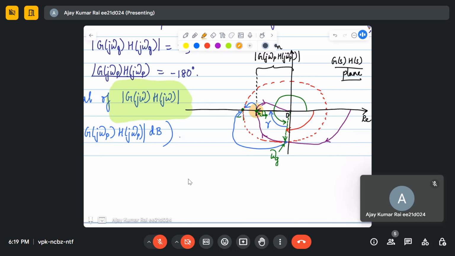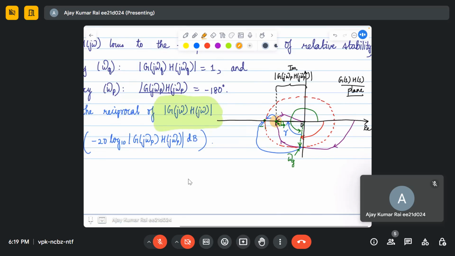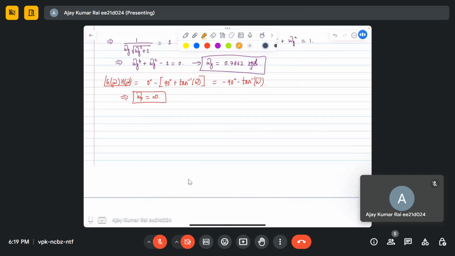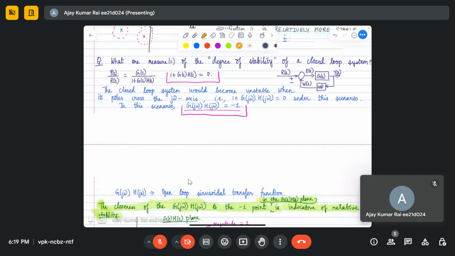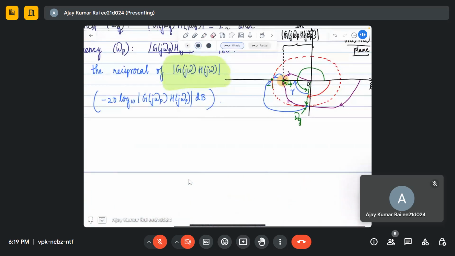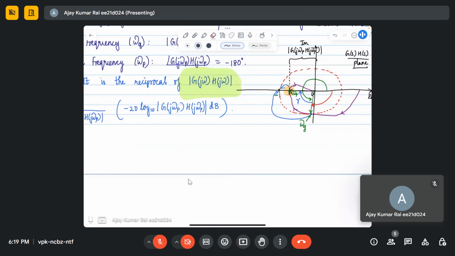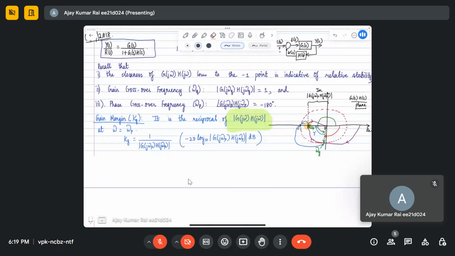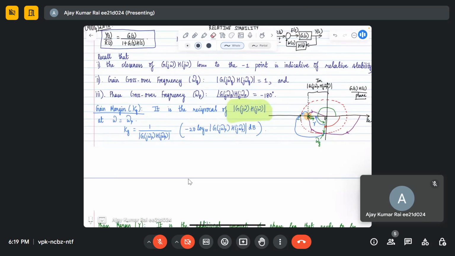So what should we multiply by so that its magnitude becomes 1? If the magnitude becomes 1 and the phase is minus 180 degrees, then the condition 1 plus G(s)H(s) equal to 0 is satisfied. That's what we want. So this is the gain, and that's why the definition of gain margin is the reciprocal of the magnitude.